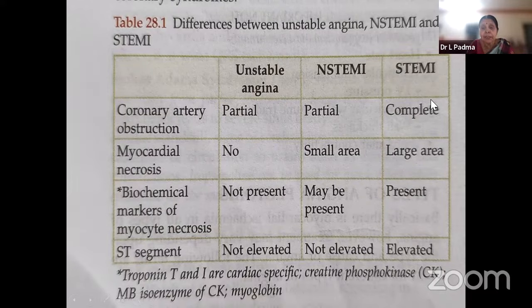STEMI and non-STEMI are distinguished mainly by ECG. Unstable angina, you can to a certain extent make out even by clinical findings. The coronary obstruction is partial in non-STEMI, whereas in STEMI it is complete. There is ST elevation.